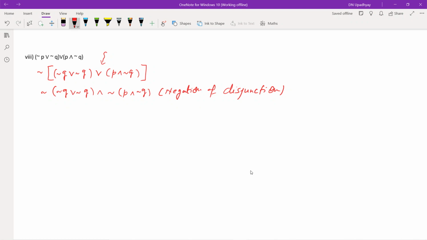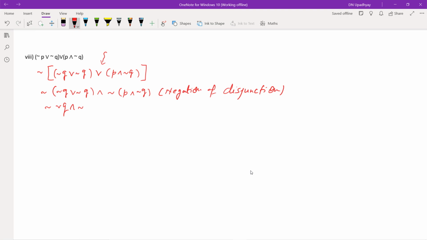Okay. Next one, if you see here, actually we are going to use two negation at a time. See, here it is negation of disjunction, here it is negation of conjunction, right? So we are going to use two negation at a time. So negation of this one is disjunction.